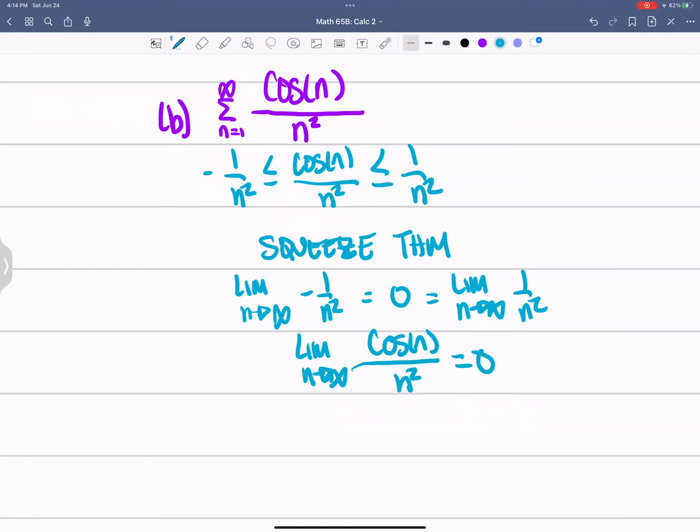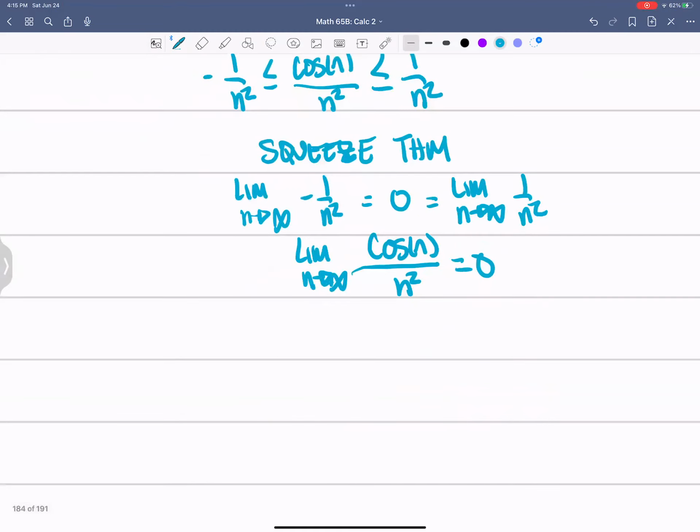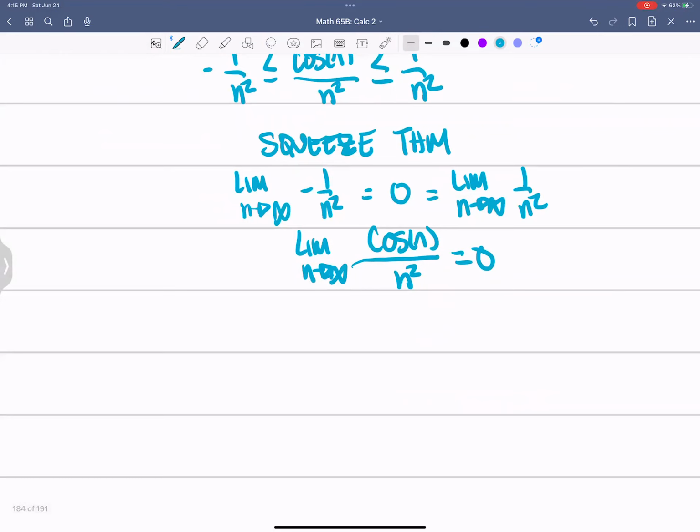So we have convergence here. And also we could use our limit comparison test. Because it converges here, we automatically know that it's going to be an absolute convergence, due to the theorem of absolute convergence: if it's already converging absolutely, then the entire thing converges.